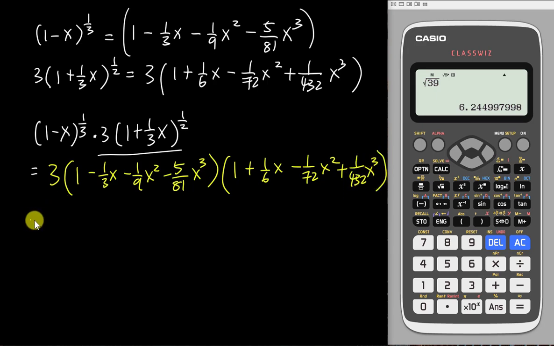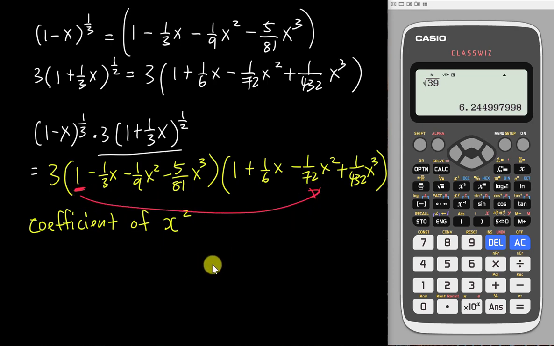But over here, if I want to get the coefficient of x squared, now you kind of need to think how to get x squared. So my 1, I need to multiply the x squared term, isn't it, in order to get the x squared.